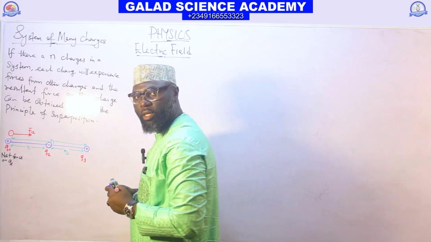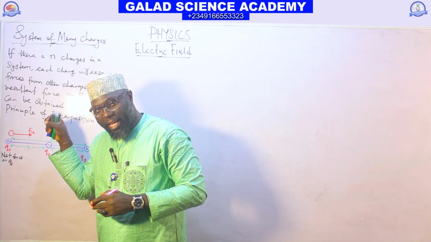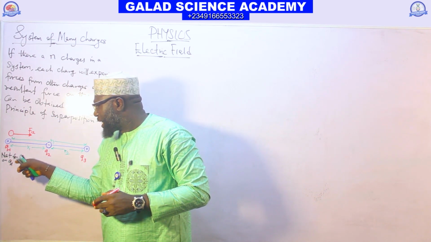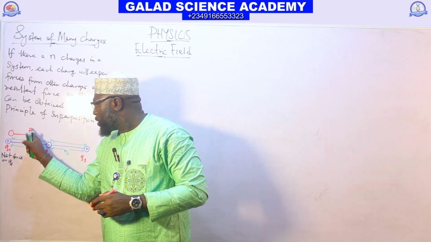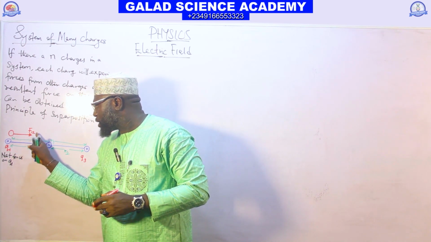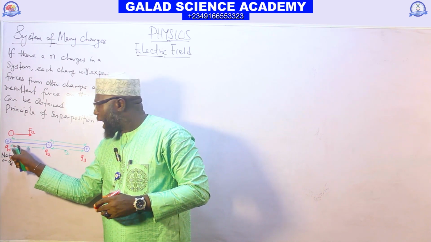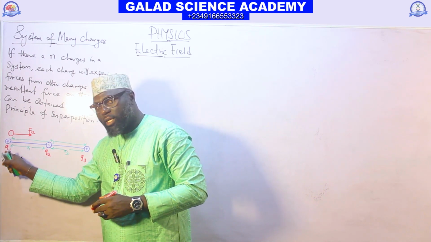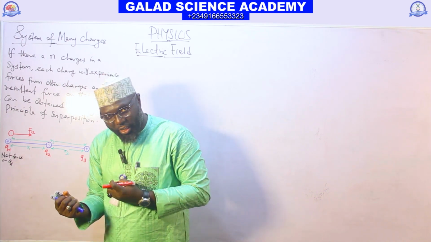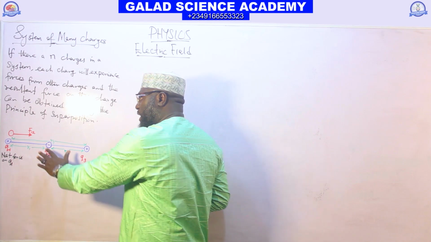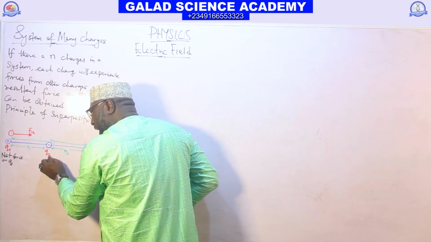We call it the force of Q2 on Q1, force F12. The force is coming from this, and Q1 will move toward the negative charge. Why? It will attract. This is the vector diagram between Q1 and Q2.